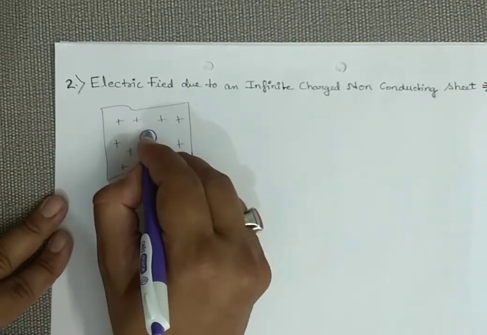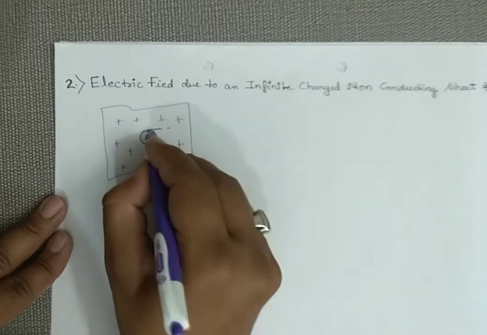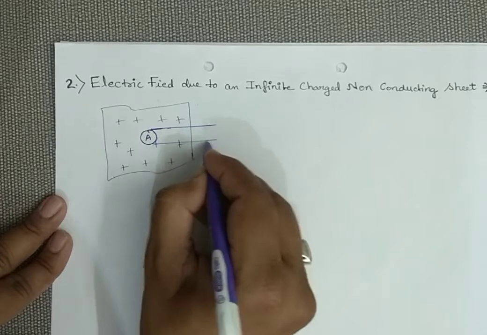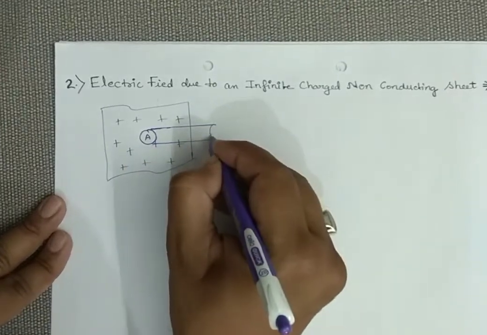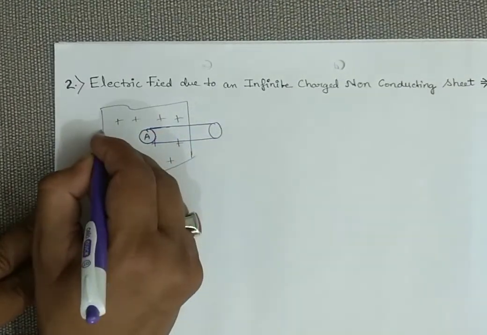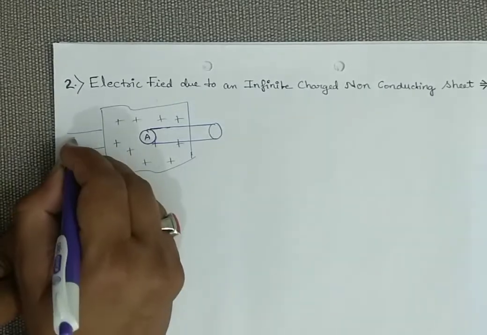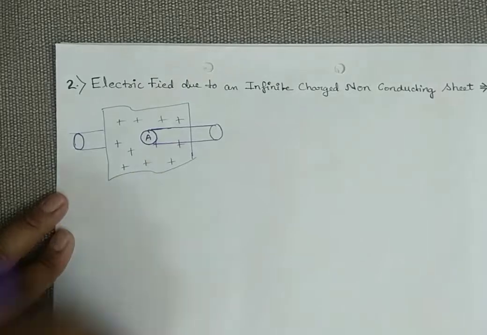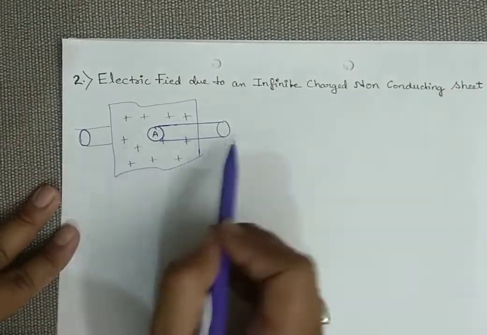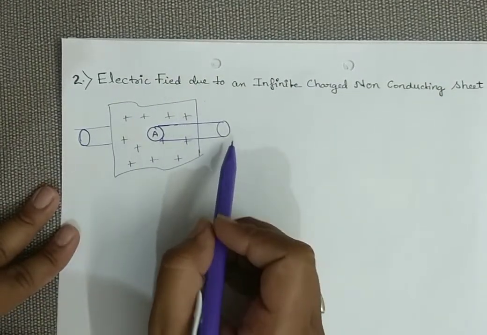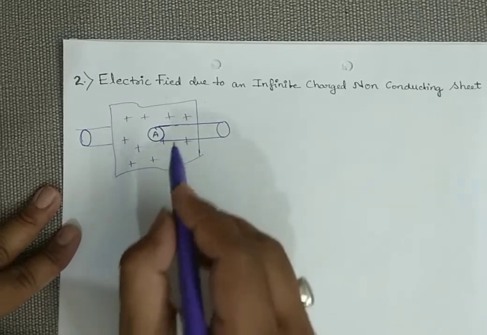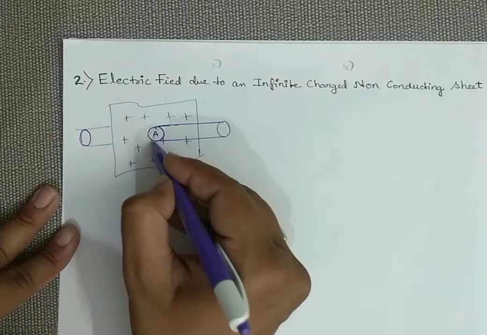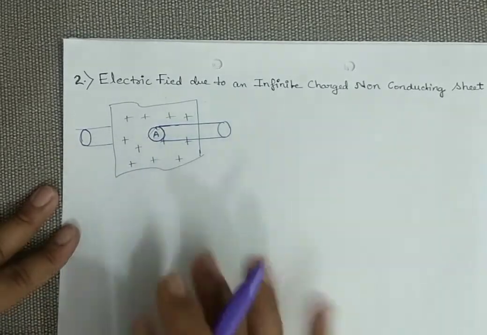So I am passing a cylindrical surface, a cylinder coming backward from this side. Here this cylinder is the Gaussian surface. It is an imaginary surface which is used to enclose the charge. So this small area which I have considered, I have enclosed with the help of the cylinder.